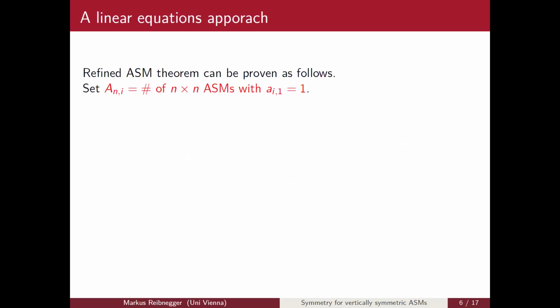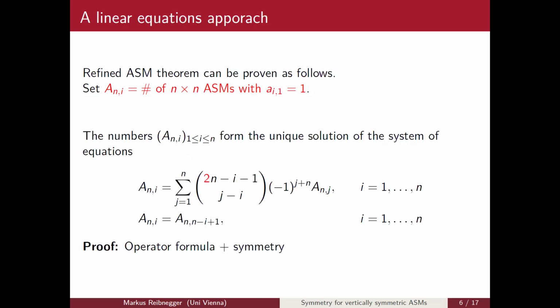Okay, now we head back to the actual story of how one can prove the refined enumeration in the second row. For this, I recall one way to prove the refined ASM theorem that was done by Ilse. So the refined ASM numbers, the number of m by n ASMs with the 1 in the first column in row I, given by A_{n,I}, and one can prove that these numbers satisfy a particular system of linear equations, and one can prove that these equations have a unique solution.